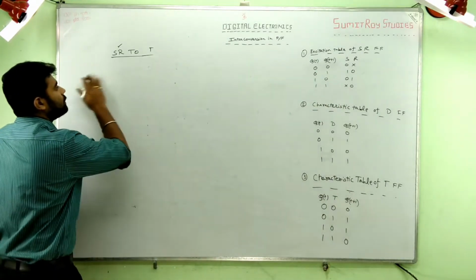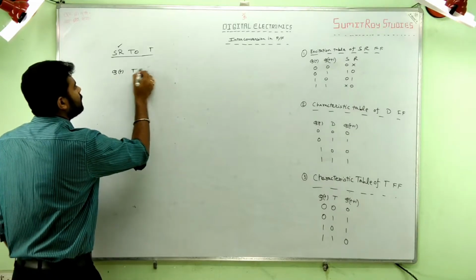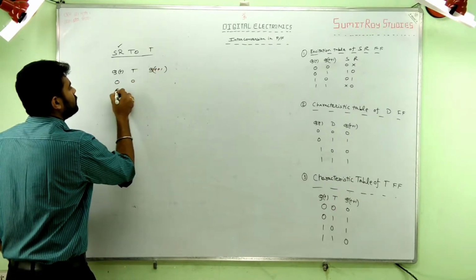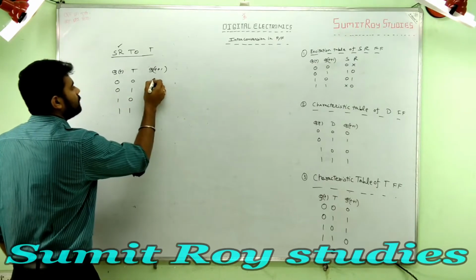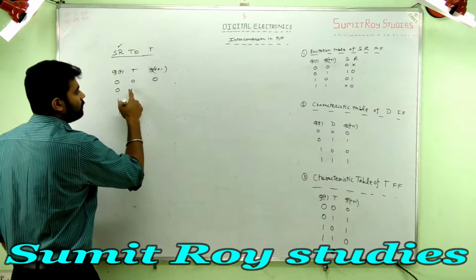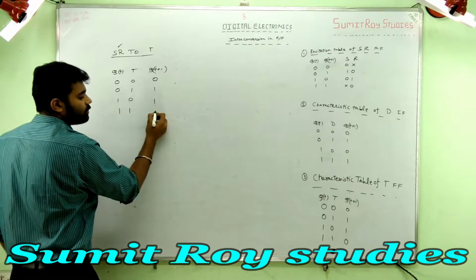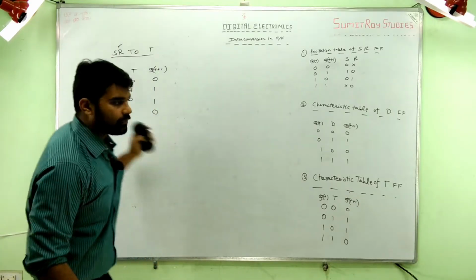For the T flip-flop, we are having QT and T and QT plus 1: 0 to 0, 0 to 1, 1 to 0 and 1 to 1. Based on that, T is 0, 1 means toggle, 0 means no change, and 1 means toggle. So this is the characteristic table of the T flip-flop.